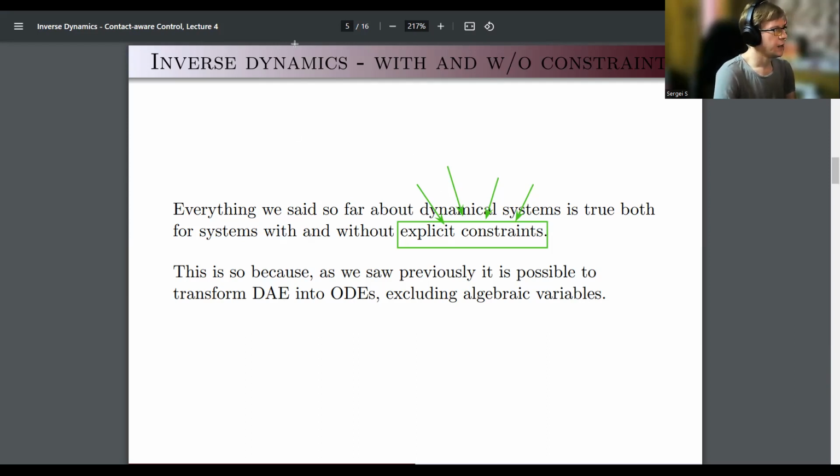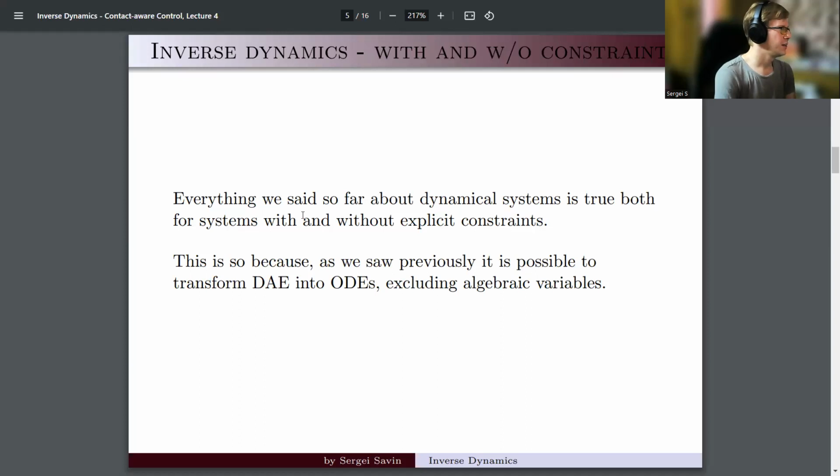All of this is quite closely related to the fact that you can transform a differential algebraic equation into an ordinary differential equation by excluding algebraic variables. The fact that you can exclude them is more or less directly relevant here, because since you can exclude them, you don't have to talk about them when you formulate the problem. All of this is true for the types of systems that we saw before.